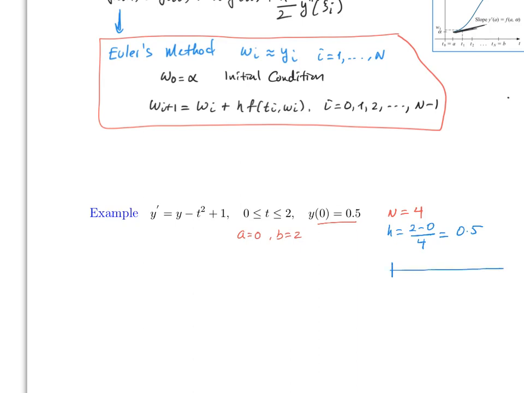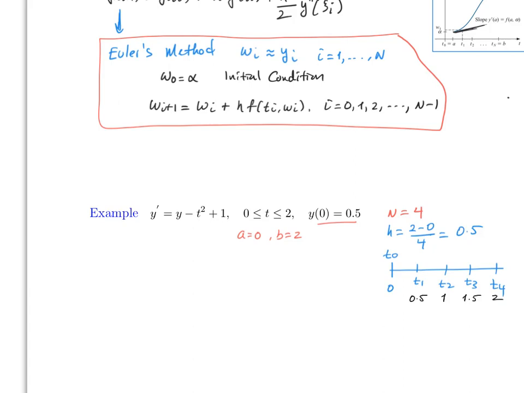And since we have 4 steps, we're going to start at 0. So this will be t_0. So you're going to have t_1, t_2, t_3, and then t_4. Therefore, this will be 0, this will be 0.5, 1, 1.5, and 2.